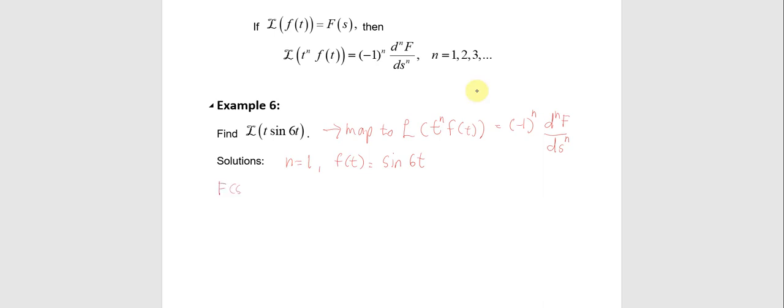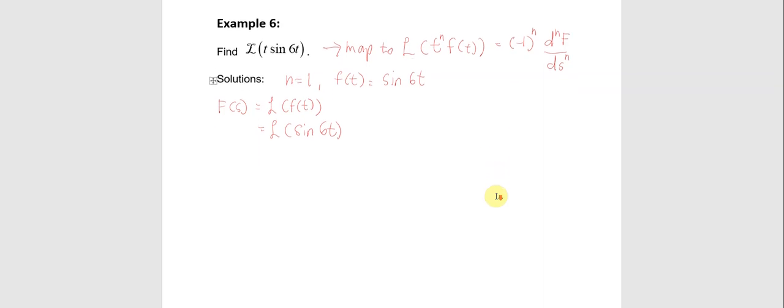So your F(s) equals the Laplace of sin 6t. From the Laplace table, sin at is equal to a over s squared plus a squared.